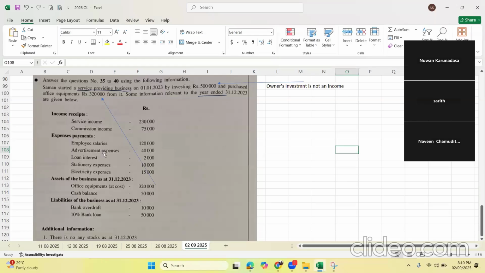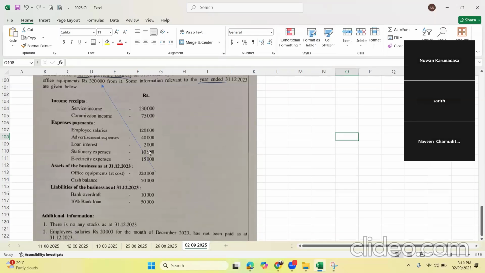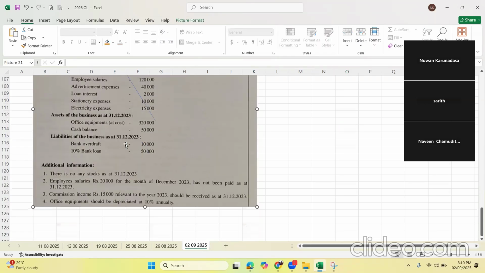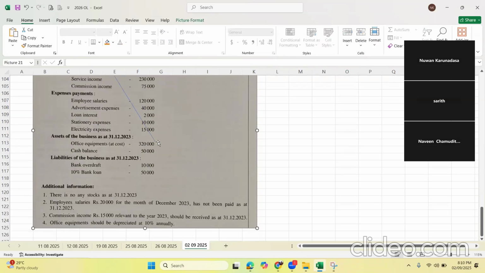What are the expenses? Employee salaries is administration. Advertisement expense is sales and distribution. Loan interest, finance and other. Stationery admin, electricity admin.